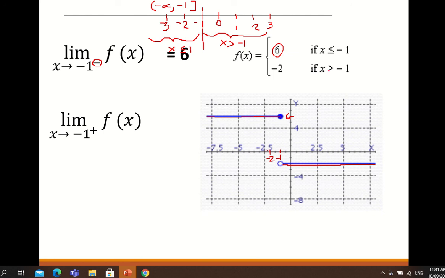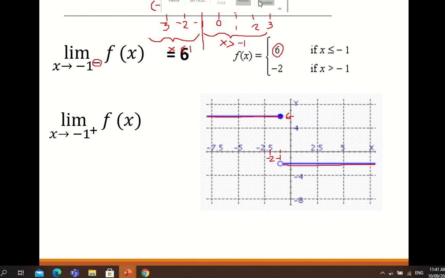So we have here x greater than -1, which is the interval from -1 to positive infinity.